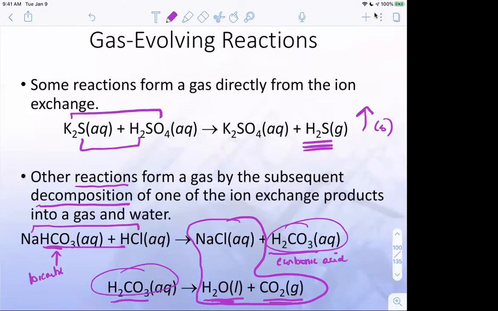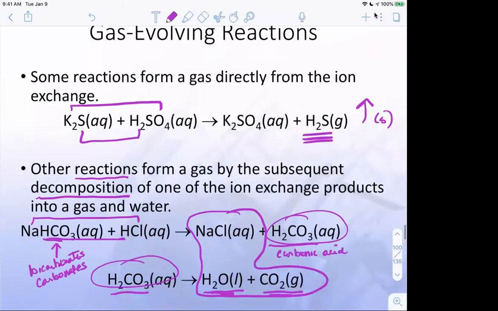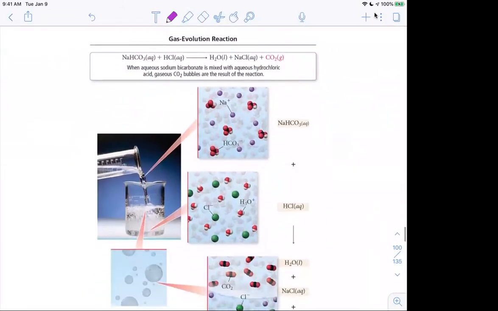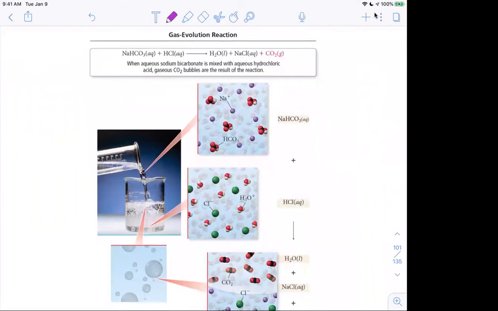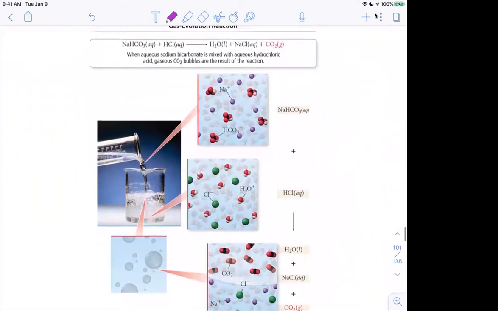So bicarbonates and carbonates will typically react with acids to form carbon dioxide, water, and whatever salt those ions form. So this is what you might see. When I take sodium bicarbonate and I react it with HCl, again, I'm getting CO2 gas evolved.